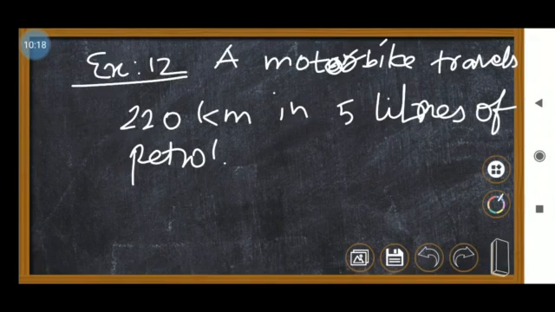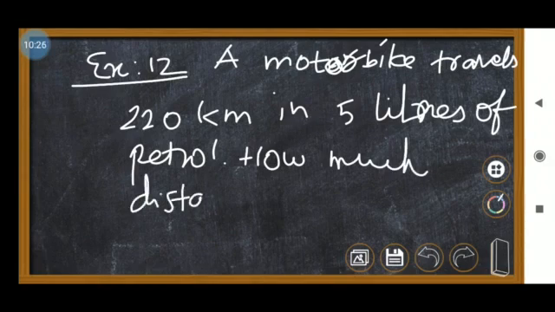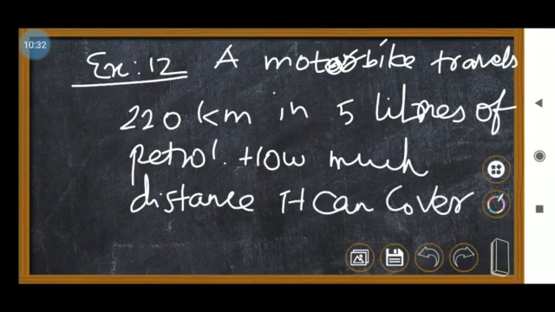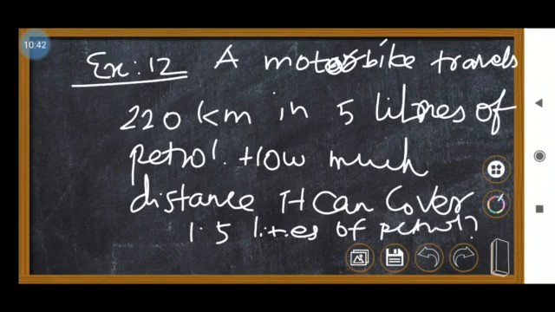And how much distance will it cover, how much distance can it cover, with 1.5 liters of petrol? So this is the question.